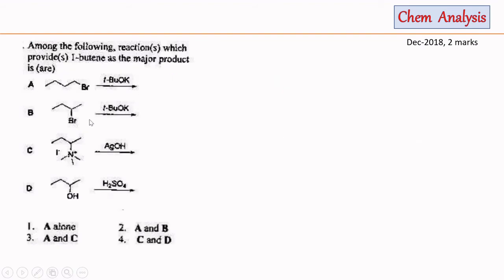Here we have to tell about the reaction conditions that provide 1-butene as the major product. Now for the first reaction we can see that it is treated with a base, potassium tert-butoxide, and the tert-butoxide anion will abstract an acidic proton, that means a proton at the beta position of this bromine atom.